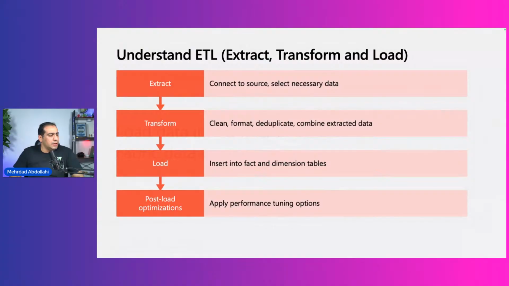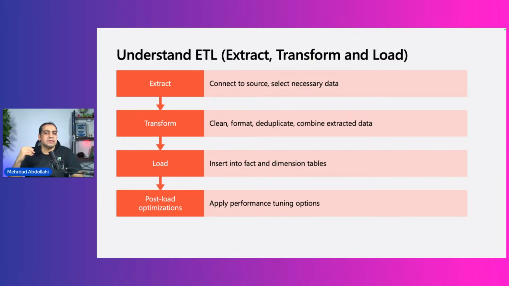Cool. In order to load the data in a warehouse, firstly, we need to understand the ETL process, right? Extract, transform, and load. Extraction is going to just connect to the source system. It can be a transactional database or a staging database, whatever it can be called, for any purpose, or even a file or an endpoint somewhere.